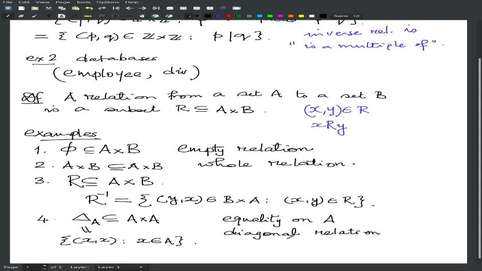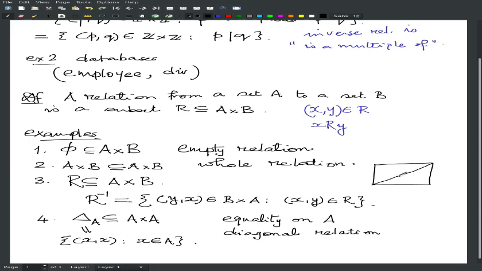And the reason for this is, remember, if we try to draw a graph, if this is the x-axis, this is the y-axis, the diagonal is usually this, right?